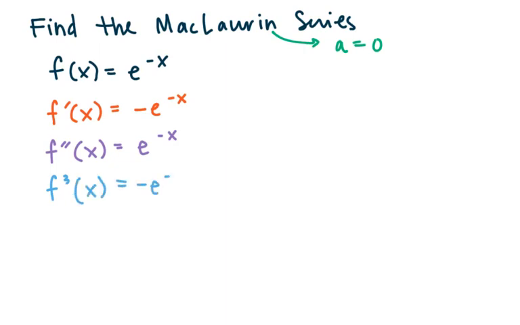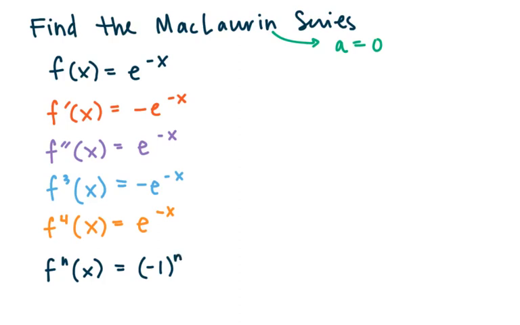So in this case, we would get negative e to the negative x for our third derivative, and our fourth derivative would be positive e to the negative x. So we can come up with a rule and say that any nth derivative is just going to be e to the negative x, but it's going to be alternating. So I'll say negative 1 to the n, e to the negative x.